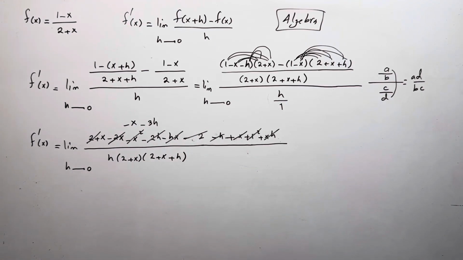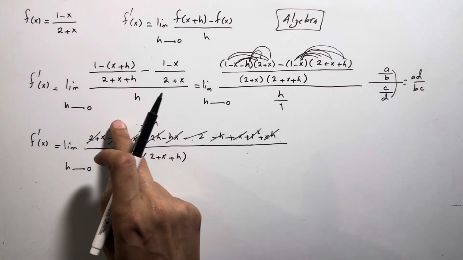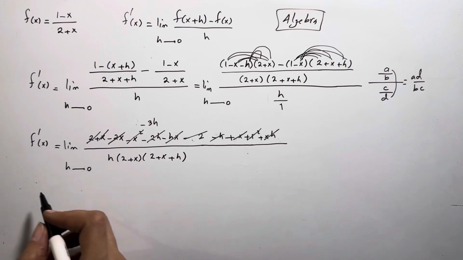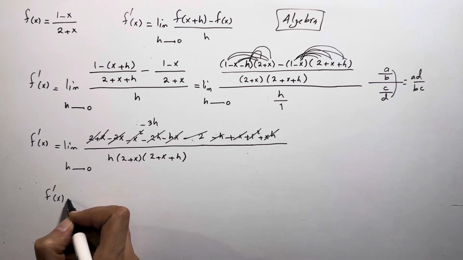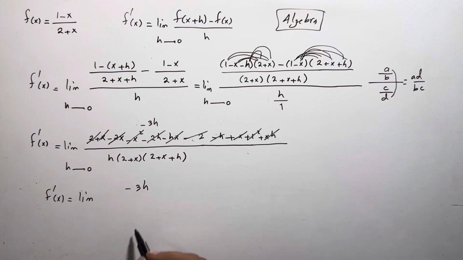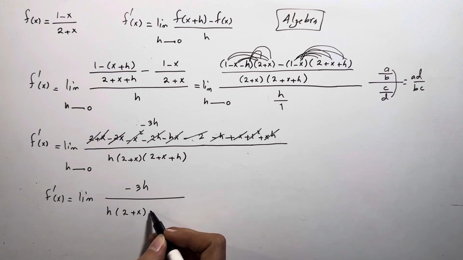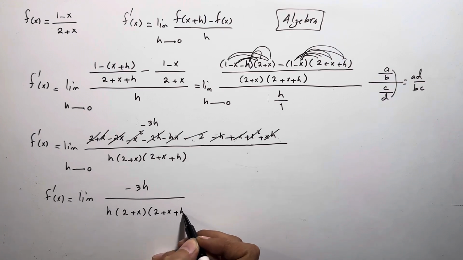divided by this guy down here. So let's see what we can do. We have another x, so this gets cancelled out completely. Very good. So f prime of x is equal to the limit of minus 3h divided by h times 2 plus x, 2 plus x plus h.